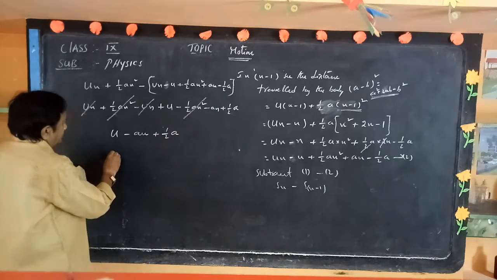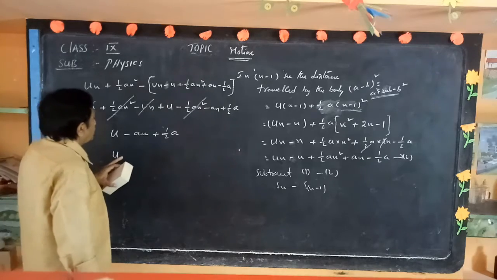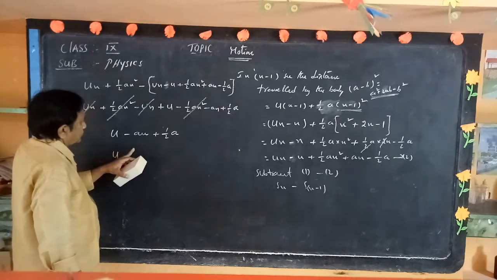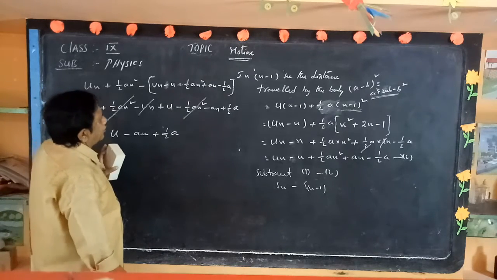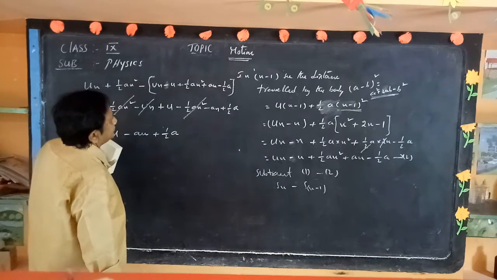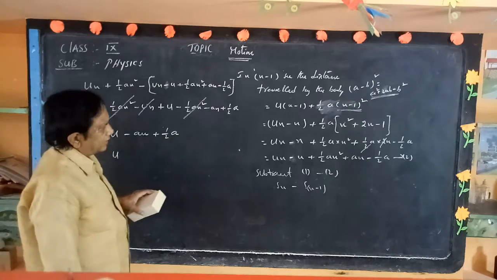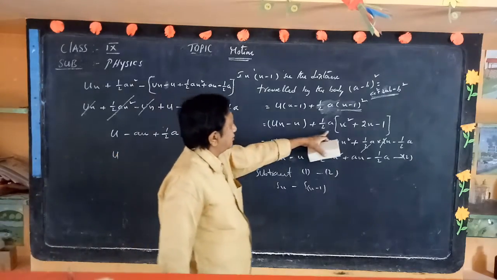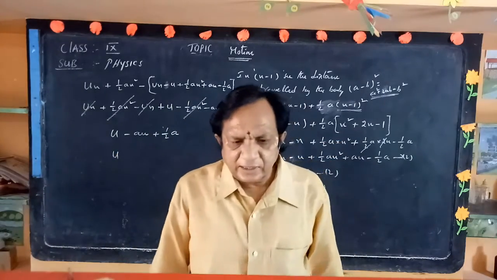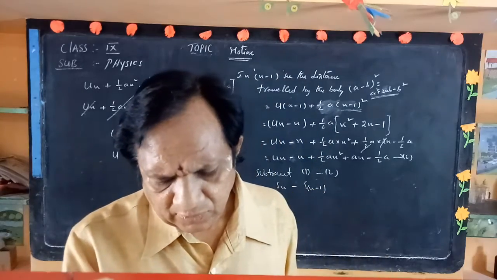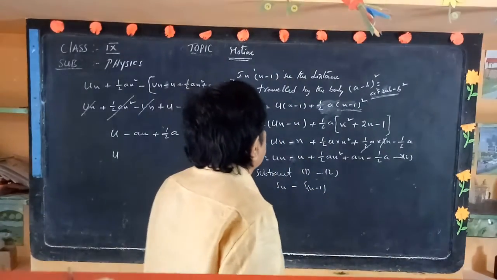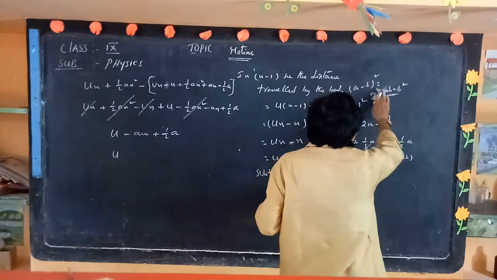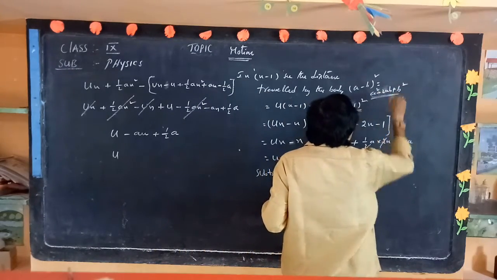Now what you get here? aT to take on. To consider a will be common in this factor. Somewhere mistake will be done. aT minus aT plus half a. a square minus 2ab plus b square.